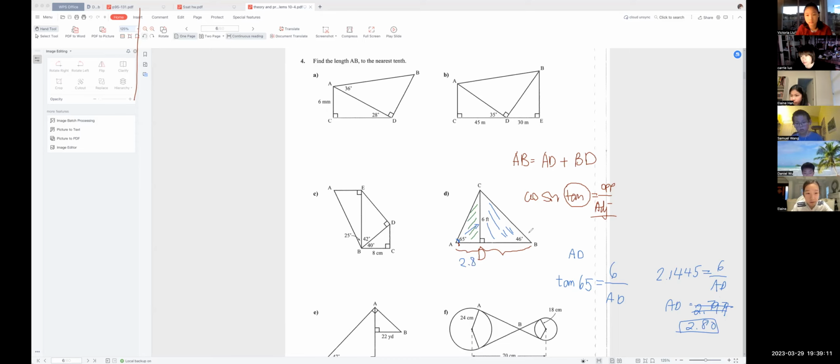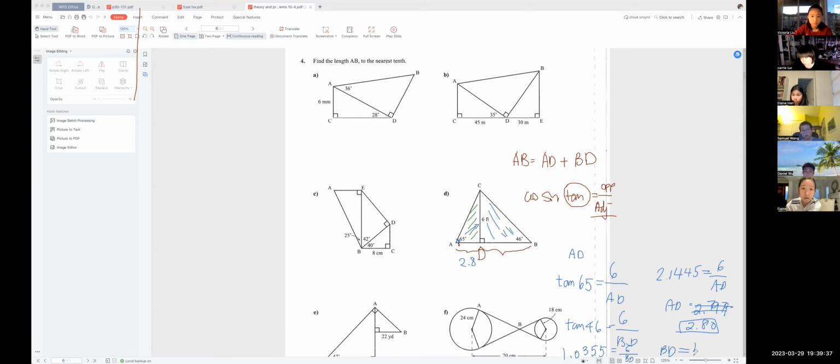Okay, DB is the same thing. It's tangent 46 equals 6 over BD. So tangent 46 equals 1.0355 equals 6 over BD. So BD equals 6 divided by 1.0355.